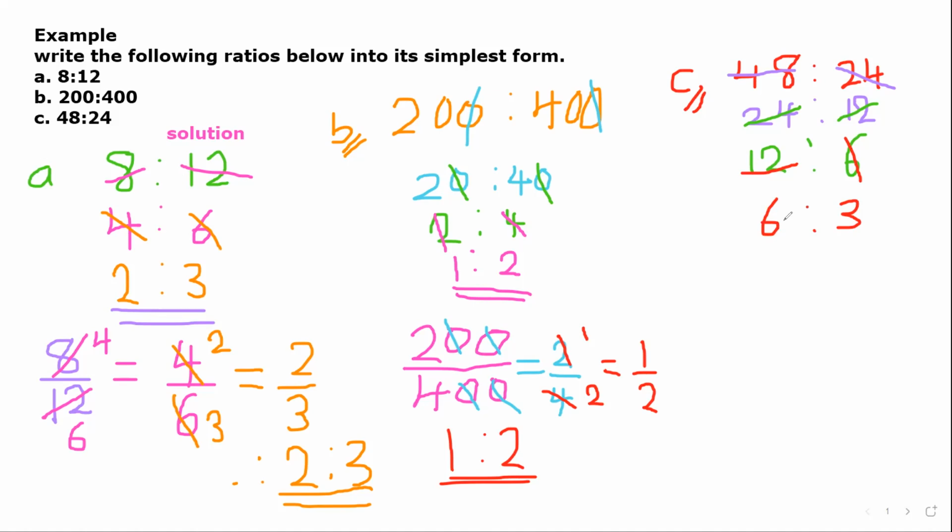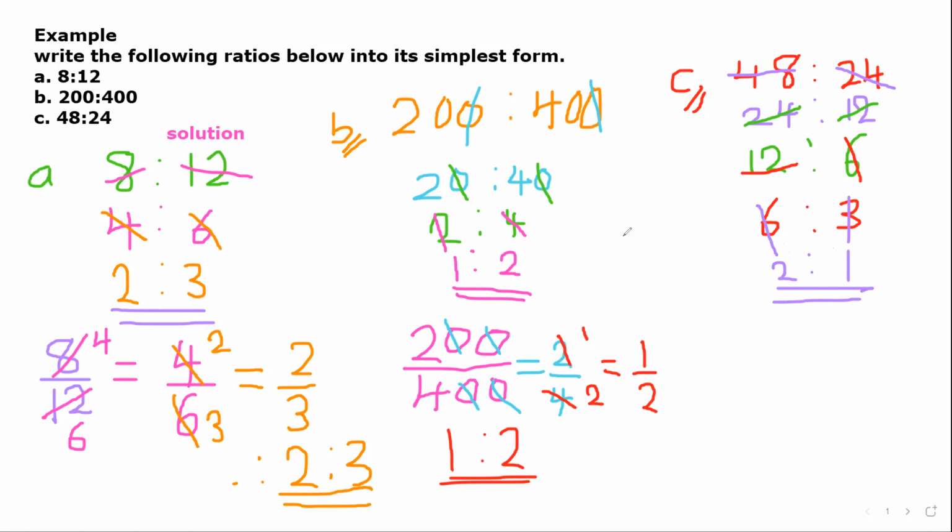Okay. Now you still have the 6 to 3. And this one too, you can also reduce by 3. 3 can cancel 3, and 3 can also reduce 6. So 3 goes here, 1, and 3 goes here, 2. Okay, so now the simplest or the lowest ratio for 48 to 24 is 2 to 1.